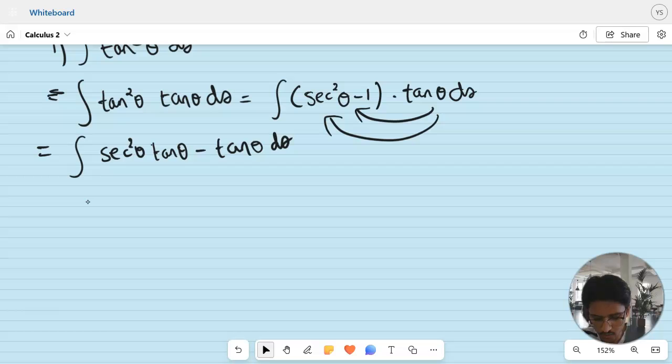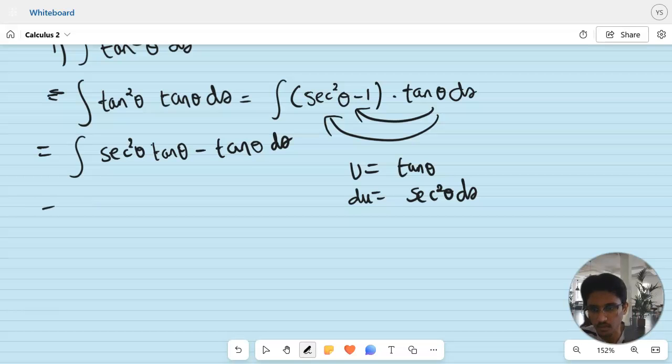Now what we could do is a u substitution. We could let u equal tan theta. And du, as we know, the derivative of tangent is secant squared theta d theta.